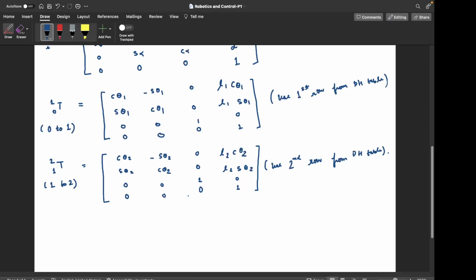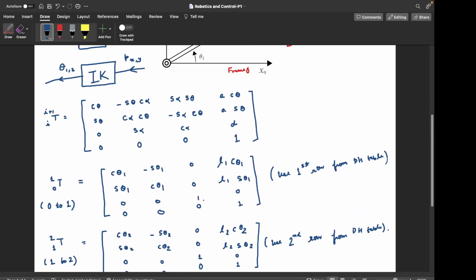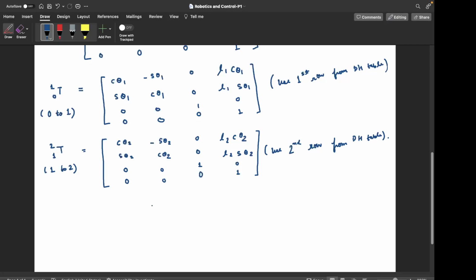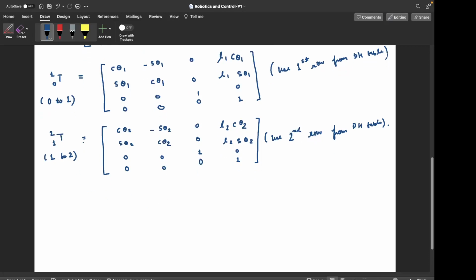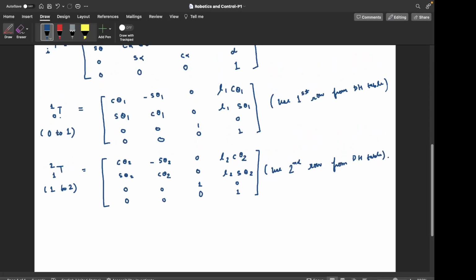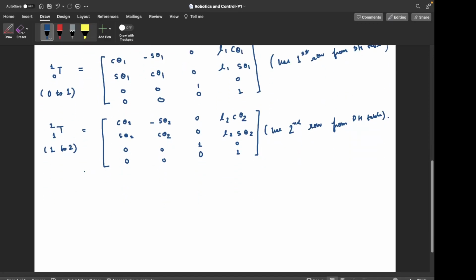Okay, so any doubts still here, then you can ask. Then, okay, so we proceed to the next step, which is, so basically now we have transformation from 0 to the first frame, then first frame to the second frame. So how do we compute the transformation from 0 to the second frame?